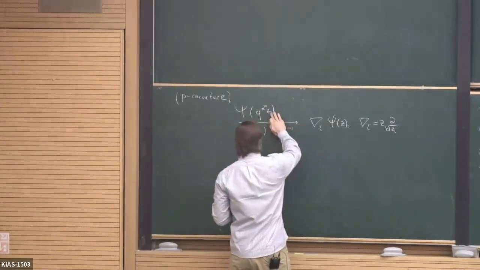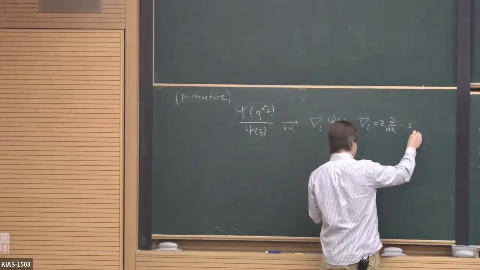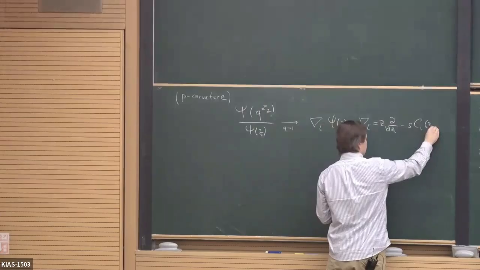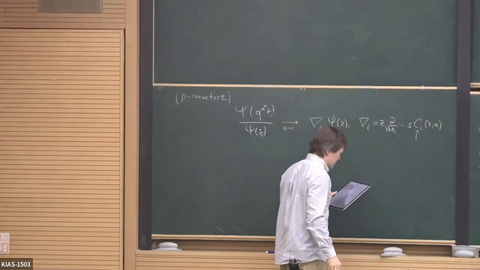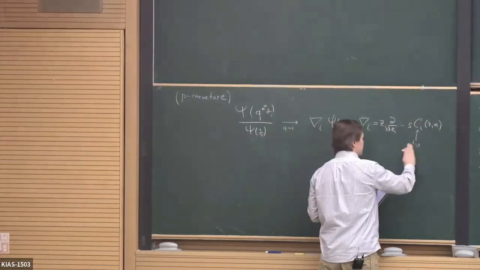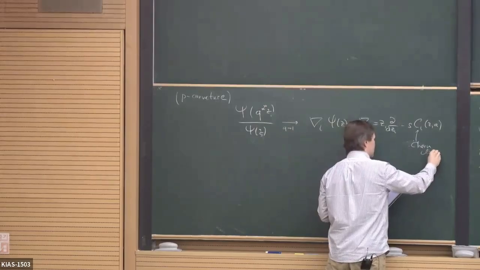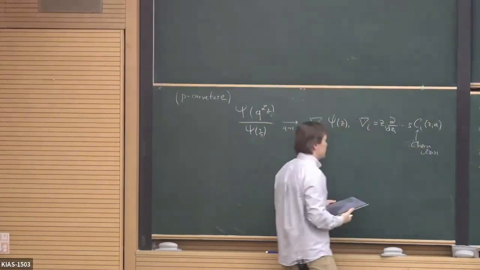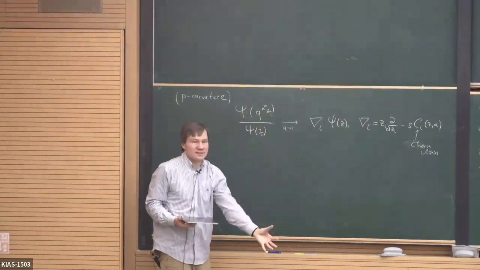It's going to be a sum minus, let's call it S, c_i of z_a, where these are some kind of Chern classes. Essentially for every line bundle in K-theory, there's some kind of Chern class in cohomology.